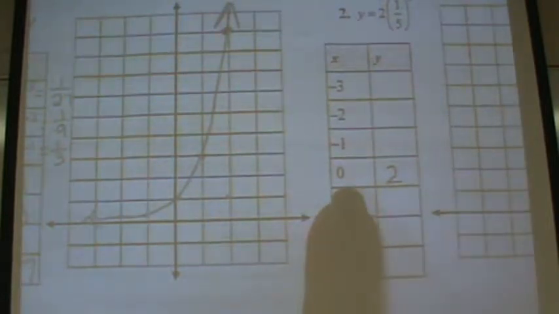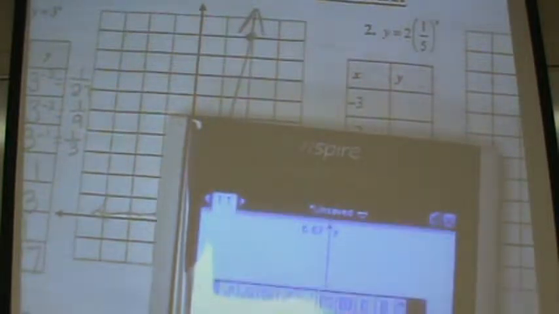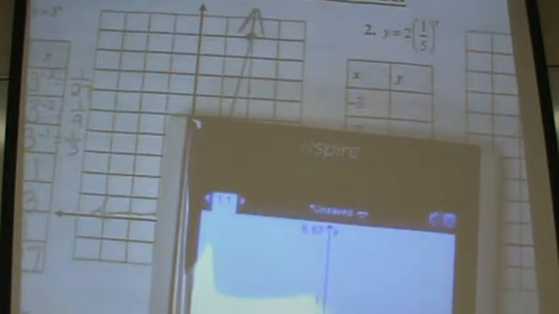Now, if you were to type this in your calculator, so it's 2, and then parenthesis, or you can do fraction, 1/5. So this is going to be an exponential decay problem.